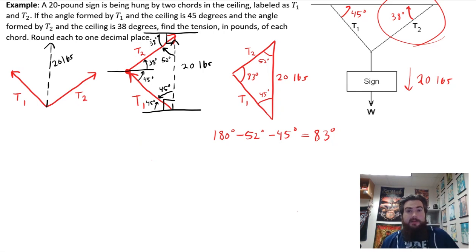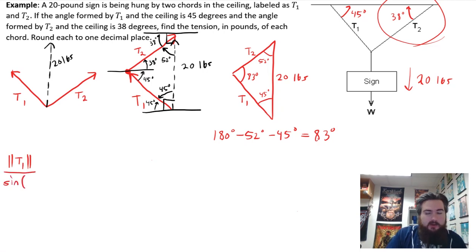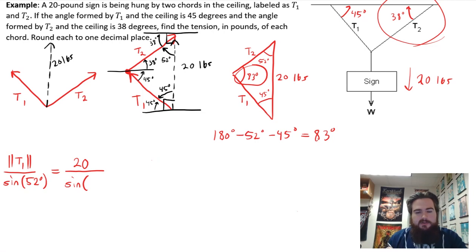Let's start by evaluating the magnitude of T1 using the law of sines. The magnitude of T1, we can set that to be divided by sine of the angle measure across from T1, which is 52 degrees here in the triangle. So that's sine of 52 degrees. And I can set that ratio equal to a magnitude we do know of 20 pounds divided by sine of the angle measure across from 20 pounds, which is 83 degrees in that triangle there.